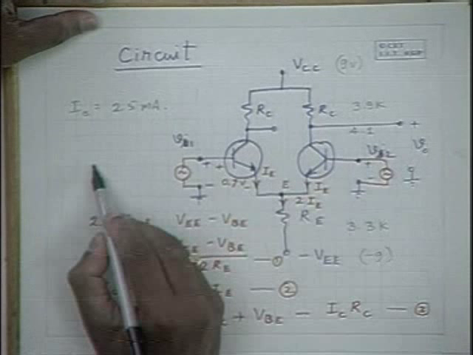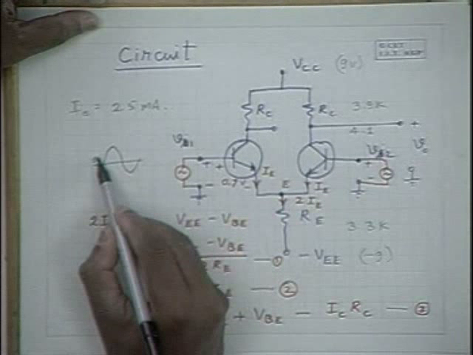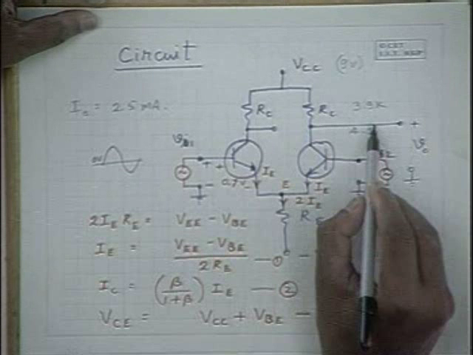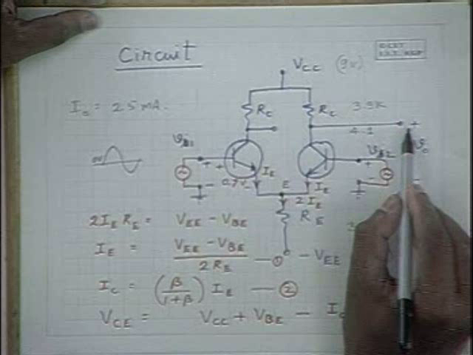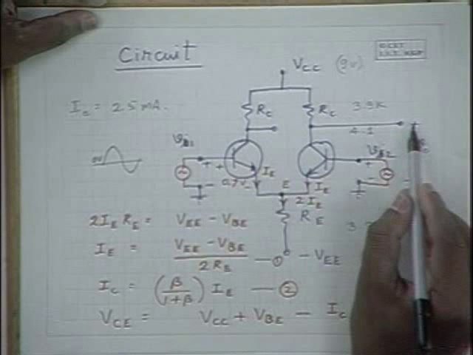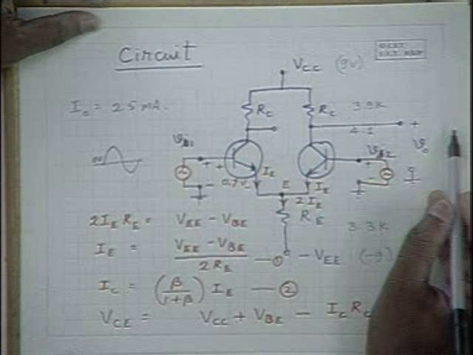Hence, when the signal is applied around 0 volts, you will get an amplified output around some voltage other than 0. It may be 4 volts or 5 volts or something of that order.